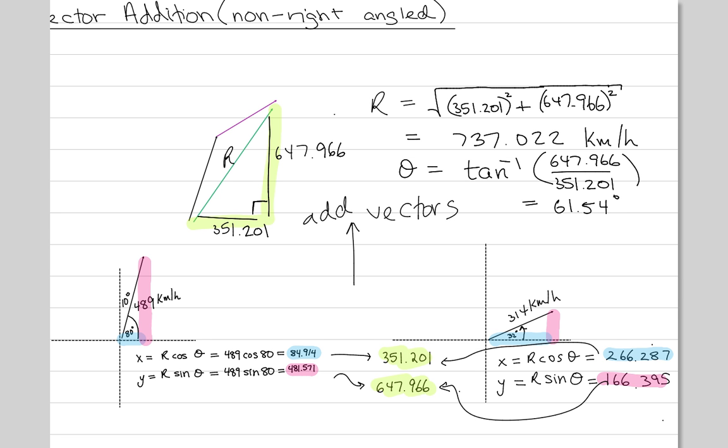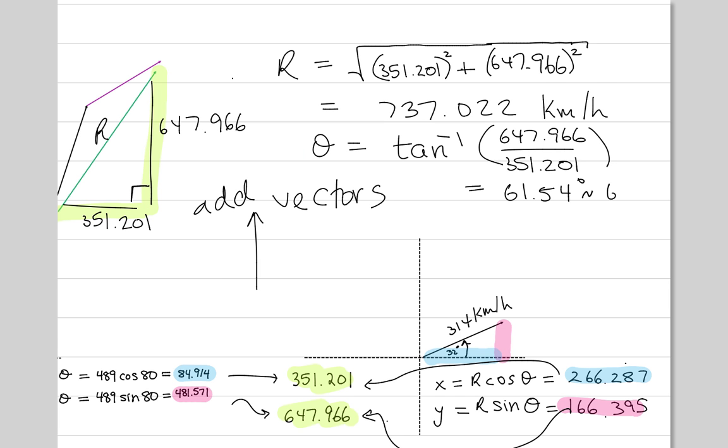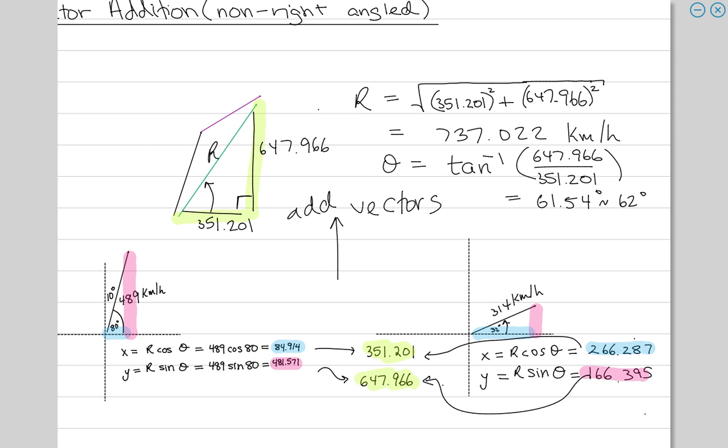Okay, and then what were the sig digs of the question? 3 sig digs? In the question it looked like 2 from the angles, right? So 62 degrees. And what's this direction? North of east.